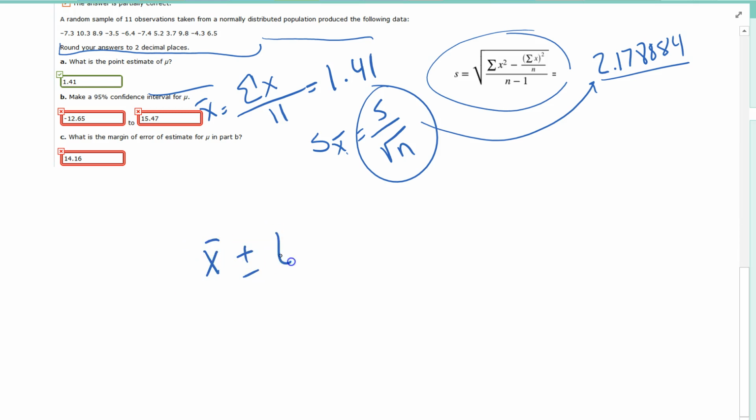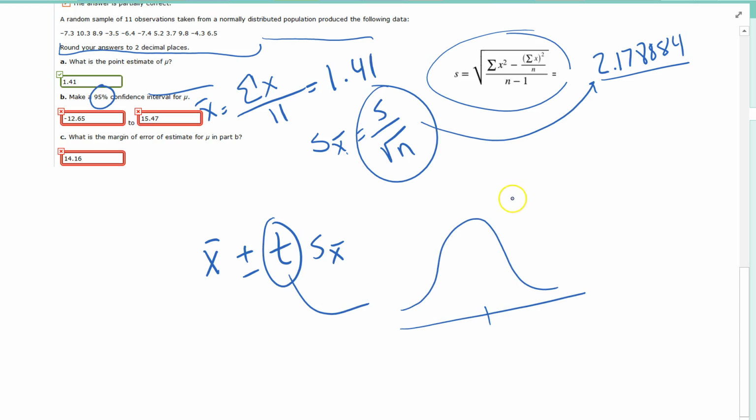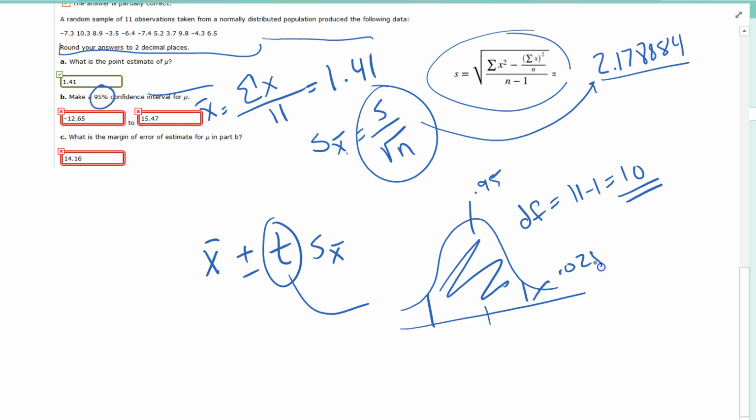So setting us up, I have the point of estimation about the mean, x bar, plus or minus t times the standard deviation about the mean. So I want to find this t such that I have a 95% confidence. Drawing the curve, my degrees of freedom is going to be 11 minus 1, which is 10. And I want 95% here. So 1 minus 0.95 divided by 2 would be 0.025 in each tail.